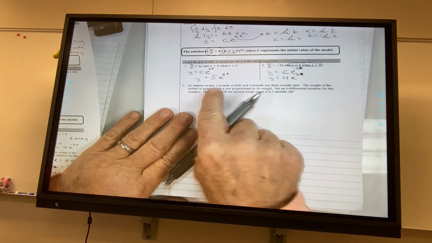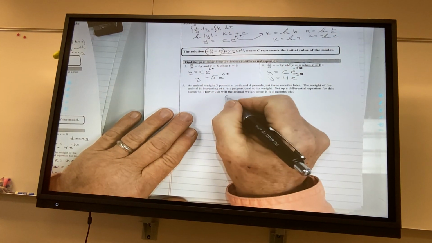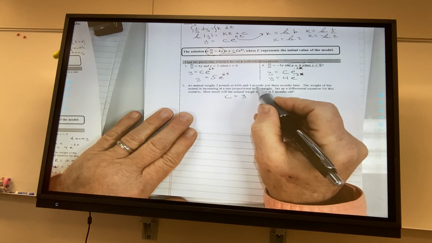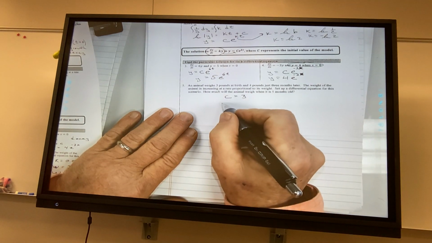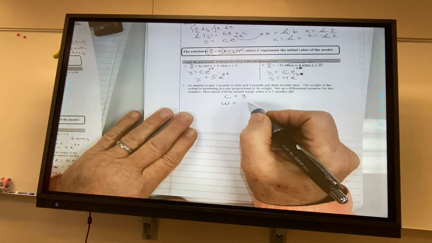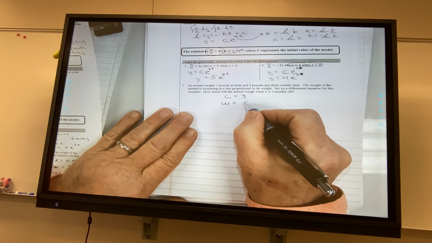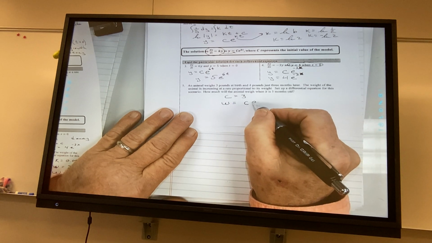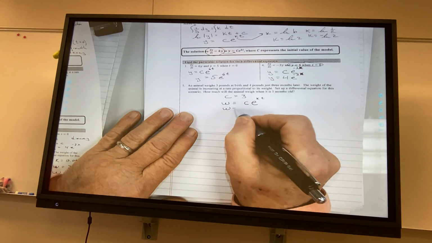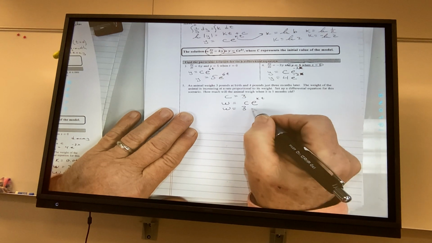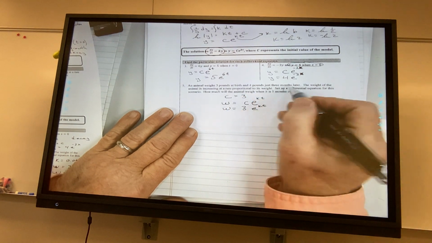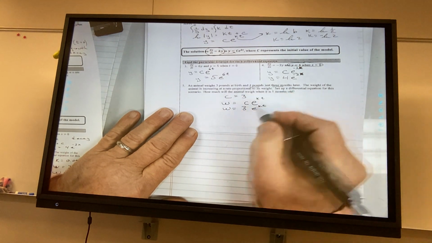It says an animal weighs 3 pounds at birth, so C is equal to 3. 4 pounds just 3 months later. So I'm going to have the weight is equal to C E to the KT power. So the weight is equal to 3E to the KT power. I'm told that in 3 months it's now 4 pounds.